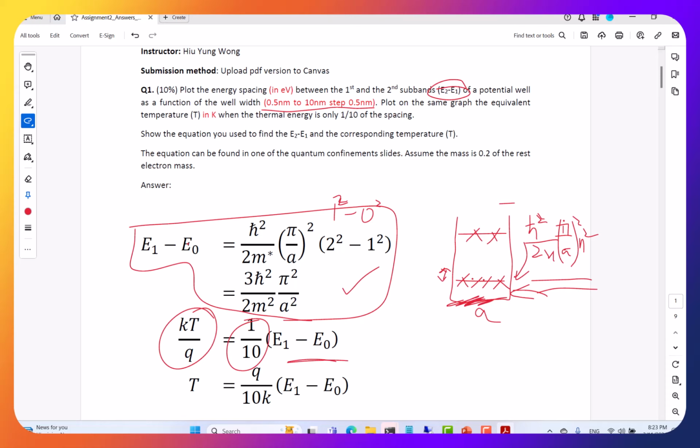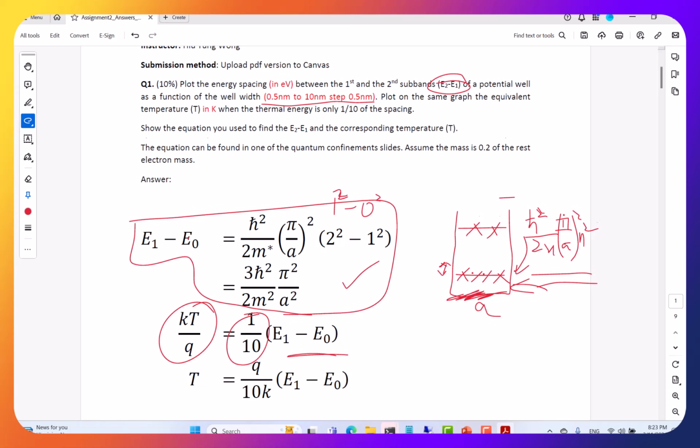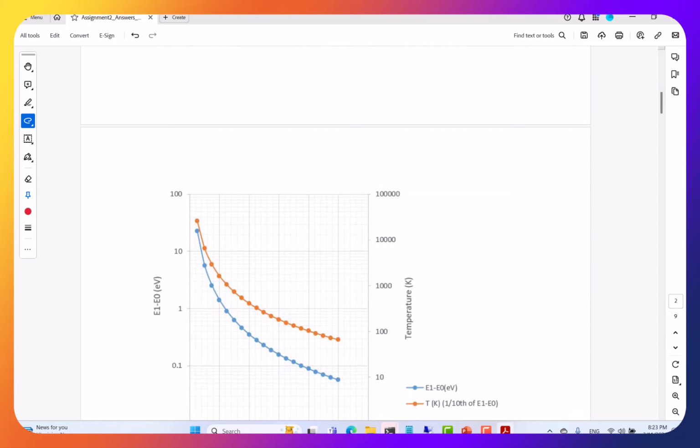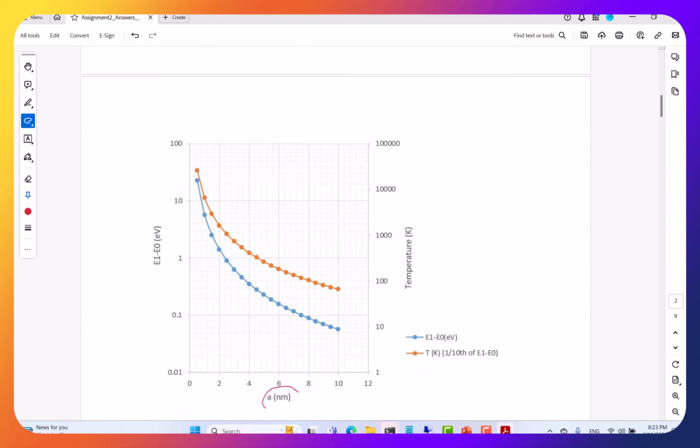For the temperature one, you want to plot spacing or the actual? I want you to plot about spacing in A. It means that if you have a quantum well which is 10 nanometer and you still want to see the quantum effect, you better have a temperature that is below 100 Kelvin.